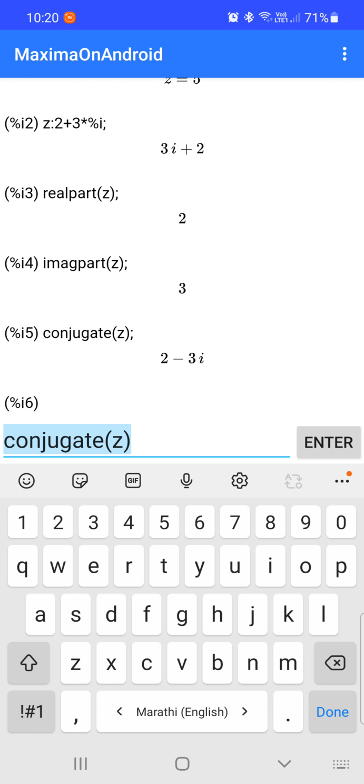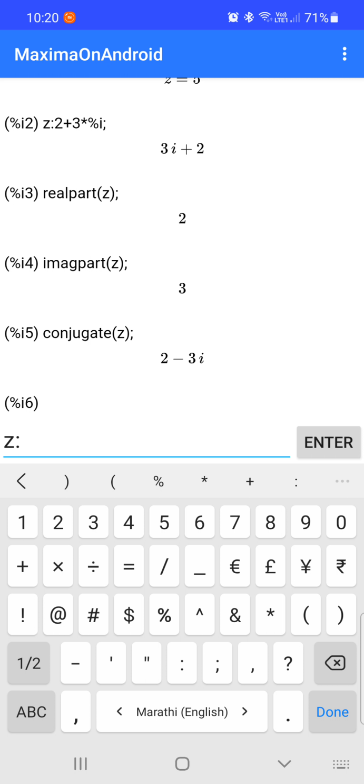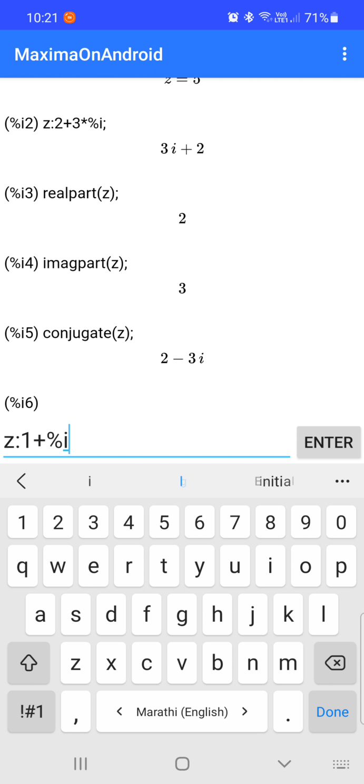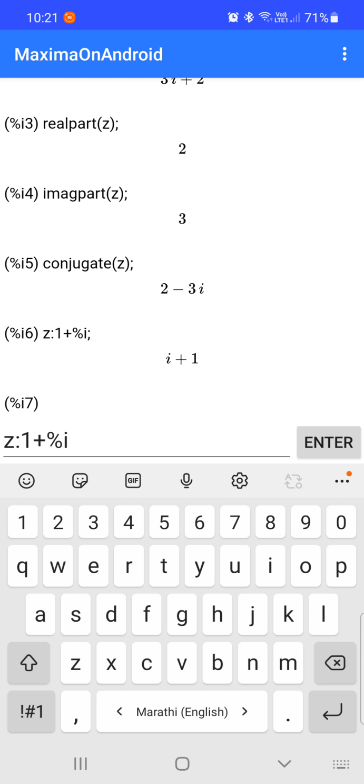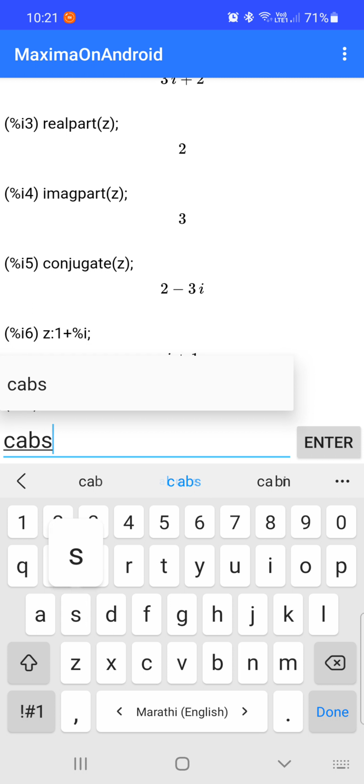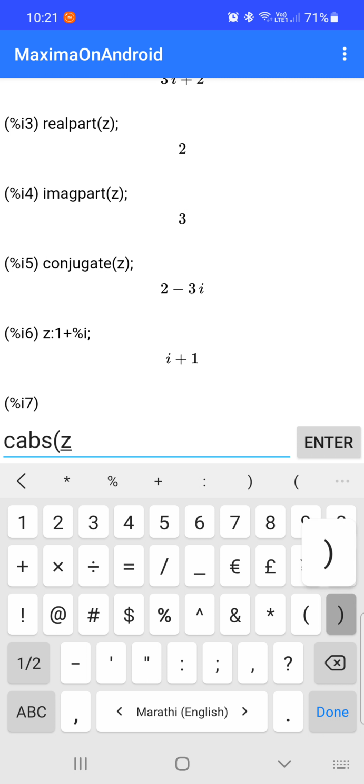You can also find the absolute value and argument of the given complex number. Suppose z is equal to 1 plus %i. We know that this complex number lies in the first quadrant. To find the modulus of the given complex number, just enter abs of z.